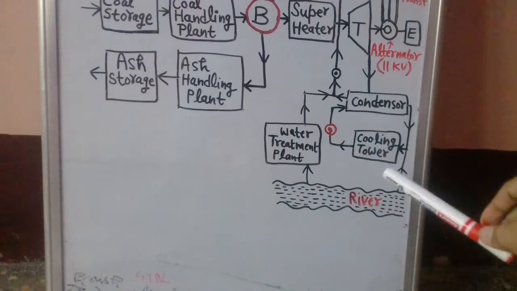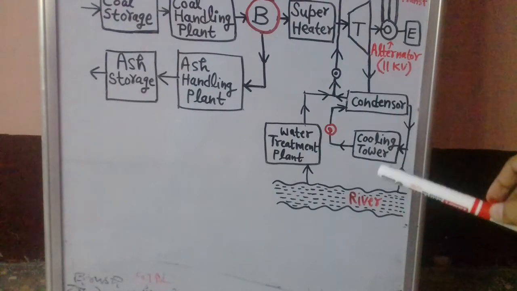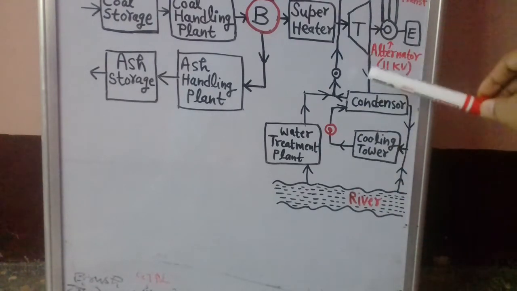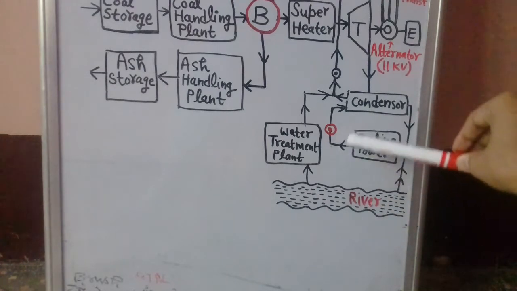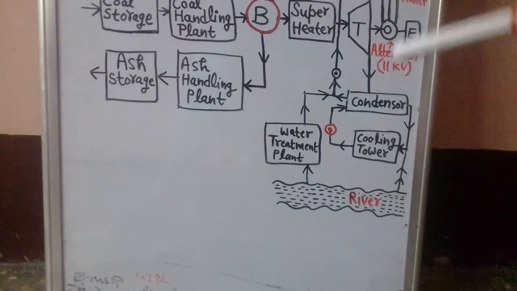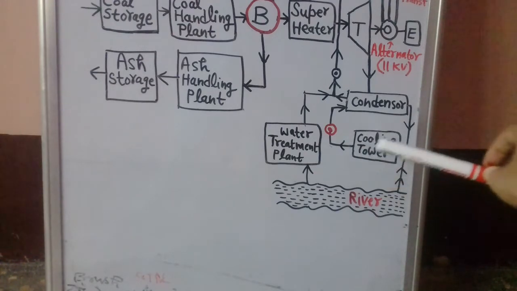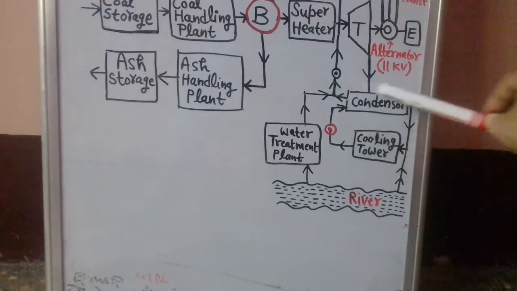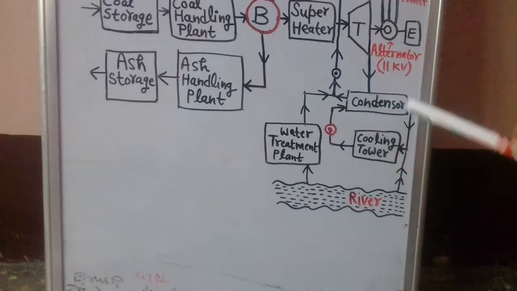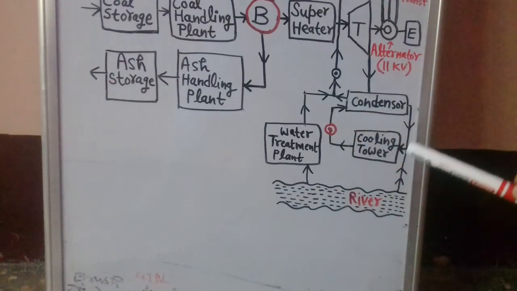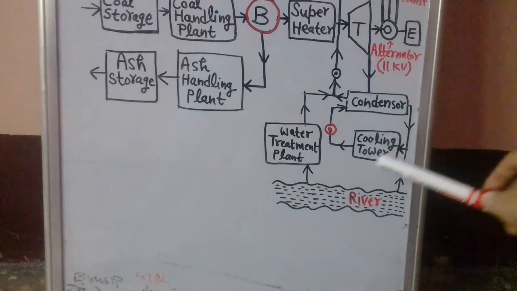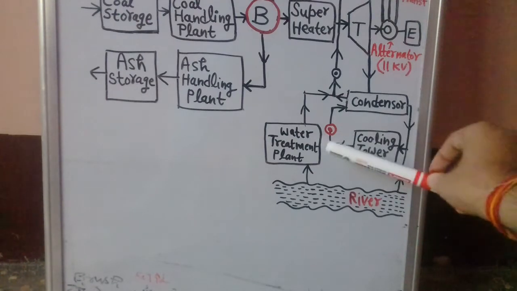Again this cooling tower will be subjected to atmospheric air, again we will be sprinkling the water from the top to the bottom ground, and it will be cooling down. This process will repeat until all the steam gets converted into cold water.